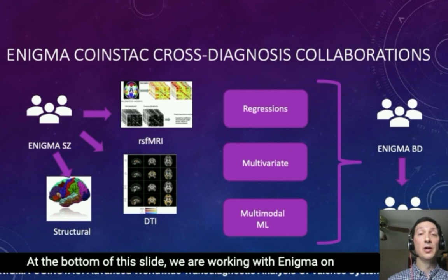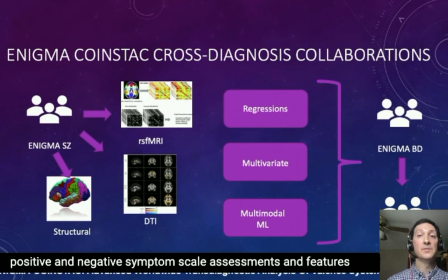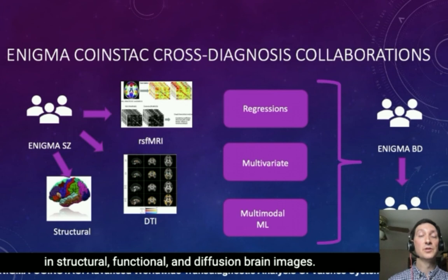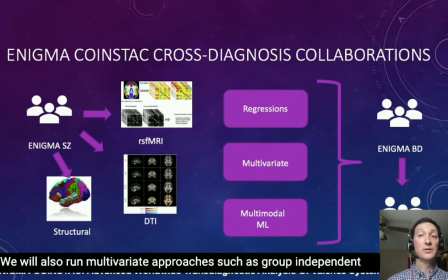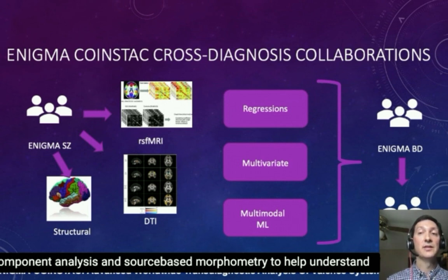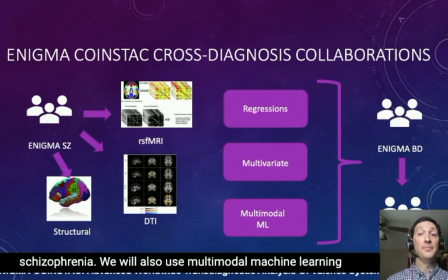We are working with ENIGMA on multiple fronts. We are using COINSTAC to study the relationship between positive and negative symptom scale assessments and features in structural, functional, and diffusion brain images. We will also run multivariate approaches, such as group independent component analysis and source-based morphometry to help understand schizophrenia.